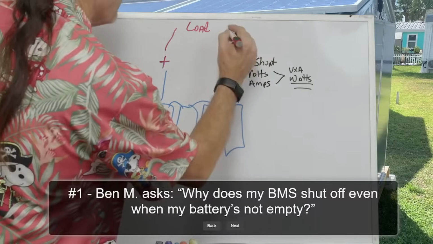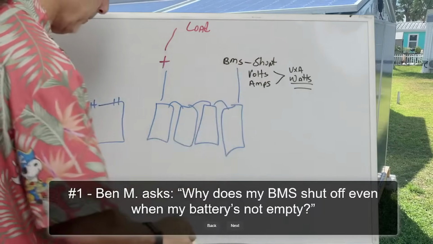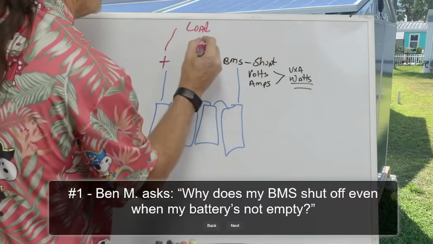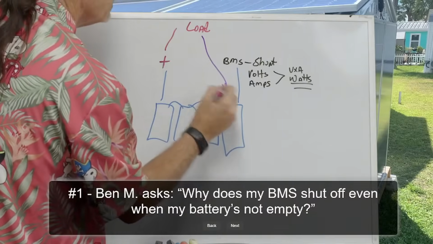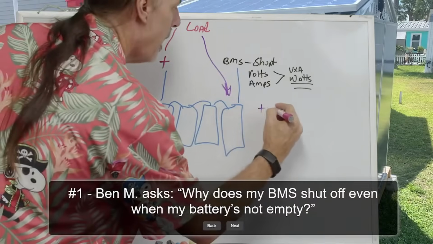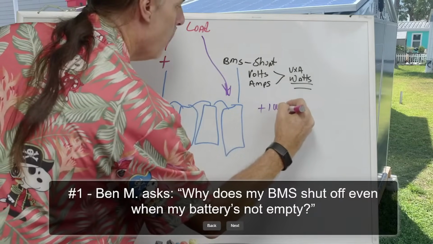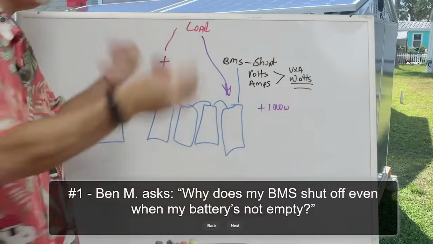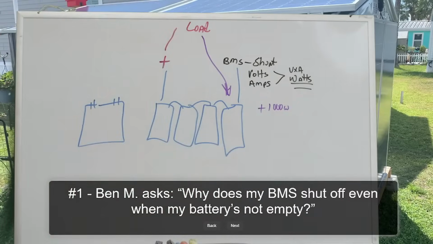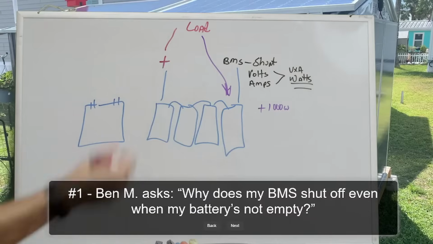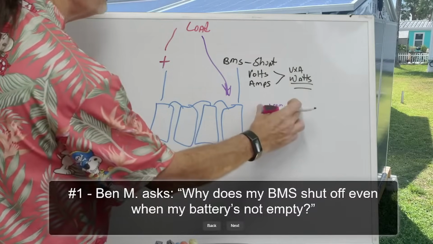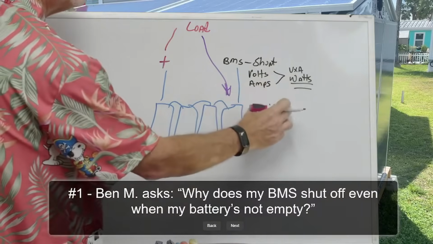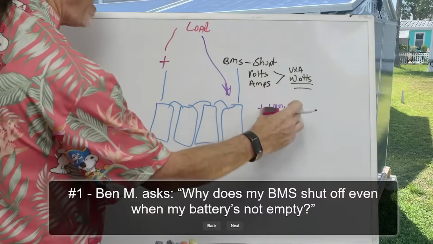So as power comes into this battery, this way, it is going to say plus 1,000 watts going in, and it's going to measure this on a time frame of every 100th of a second, so on and so forth. Depending upon the shunt and the quality of the shunt, this will be much more accurate.